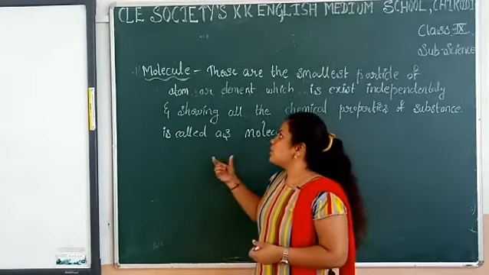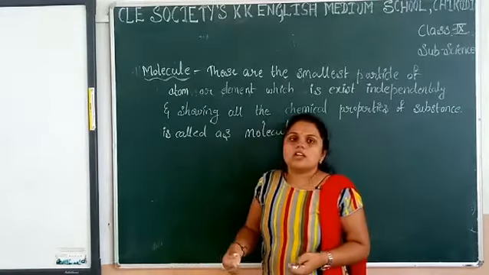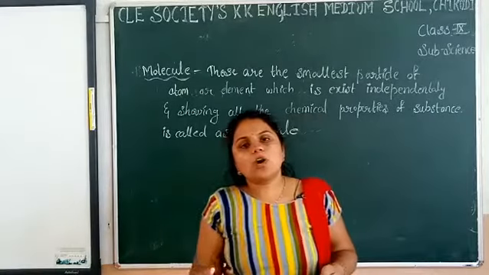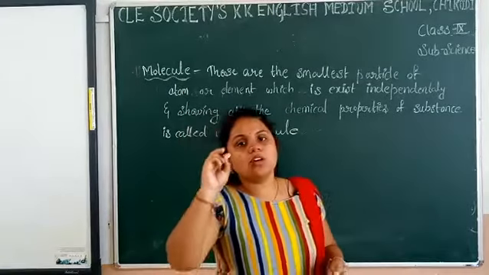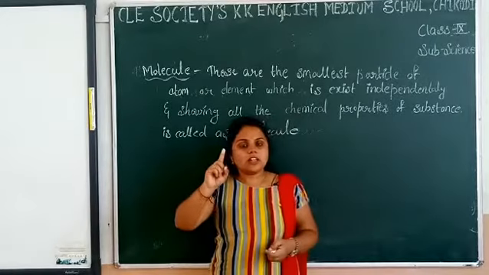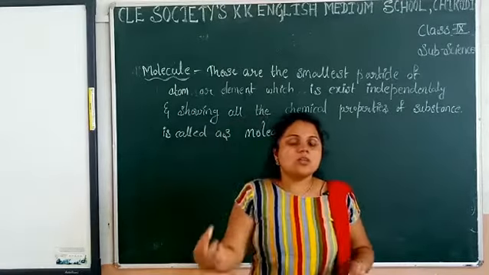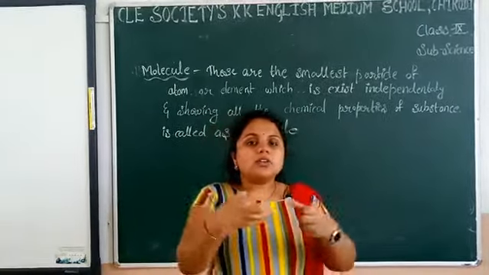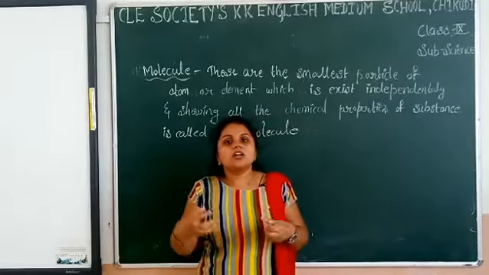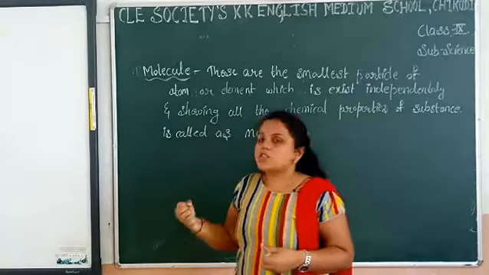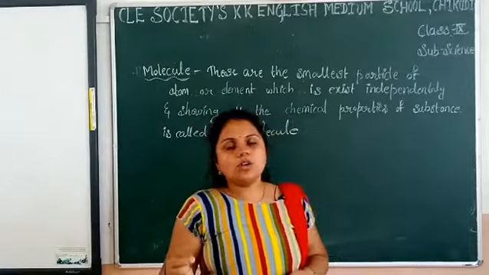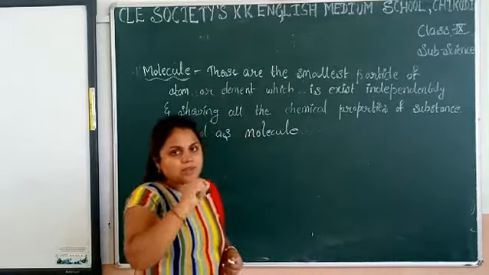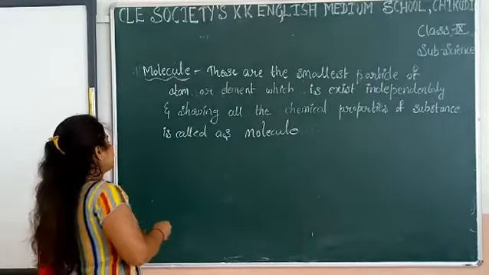So how are these molecules formed? These molecules are a group of two or more elements, or one element, which attract each other and form a molecule. It's called the molecule of the substance. Okay? Molecule of the substance.